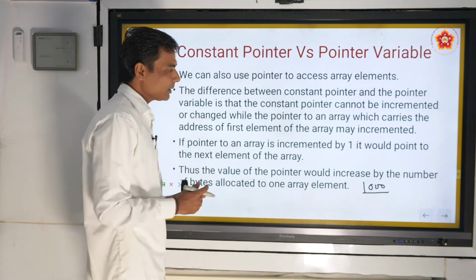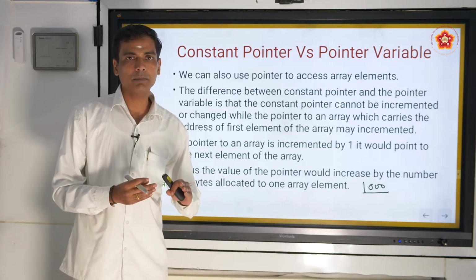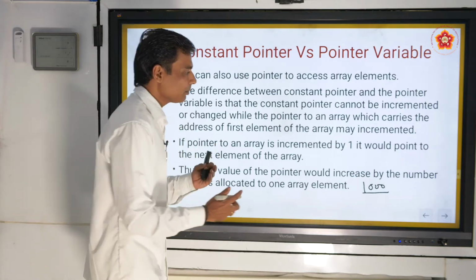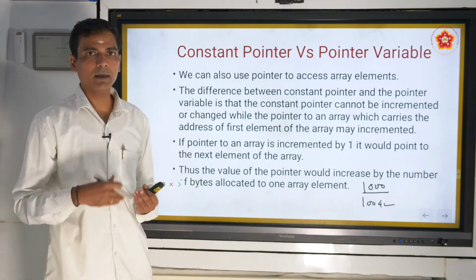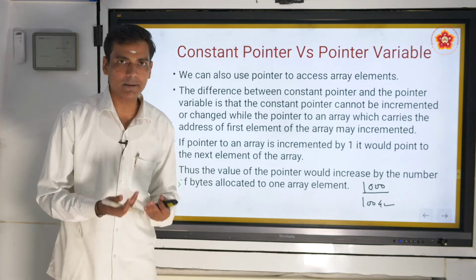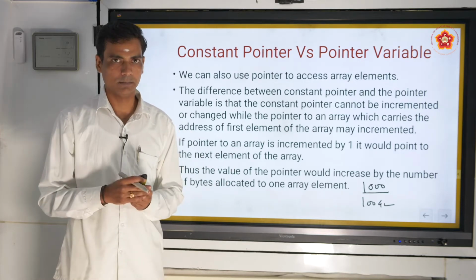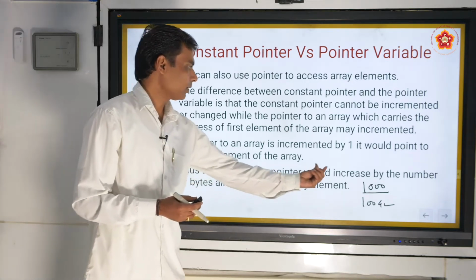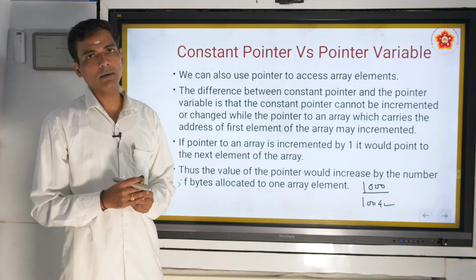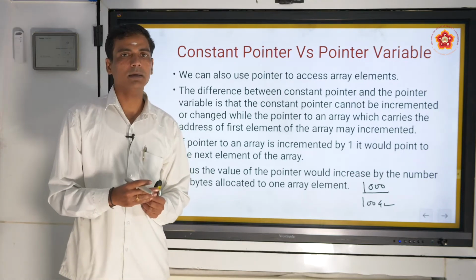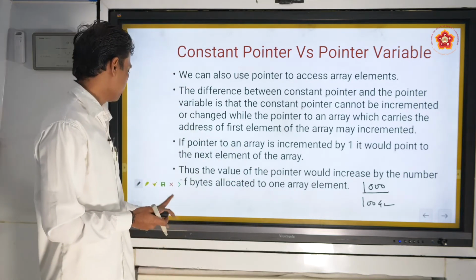So when you write PTR plus plus and that machine is consuming say 4 bytes of memory for the integer value, then it will jump on to 1004 when you write PTR plus plus, and then again when you execute PTR plus plus, it will jump on to the next integer value, that is 1008 and so on. So the value of the pointer would increase by the number of bytes allocated to one array element. So in case of an integer array, number of bytes allocated is 4 bytes. So it will always jump 4 bytes in each increment statement.